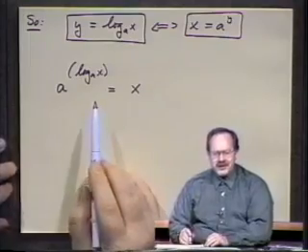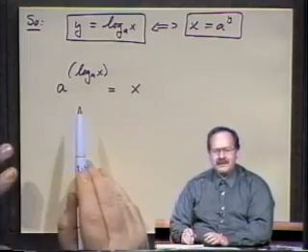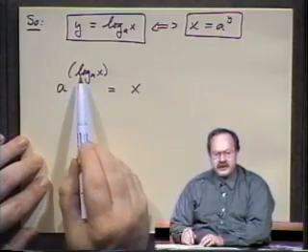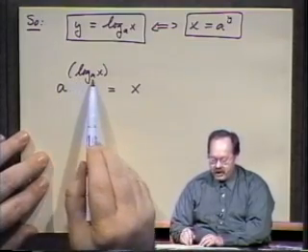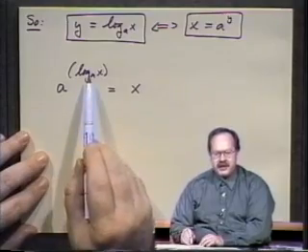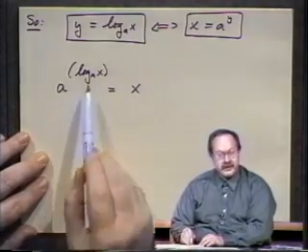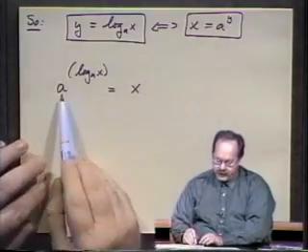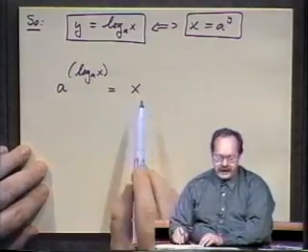Now see, this is unusual. This is not the f and the f inverse sitting next to each other. What we seem to have here is a raised to the power log base a of x. So we have an exponentiation going up because of the peculiar nature of the exponential function, that it writes things upward.